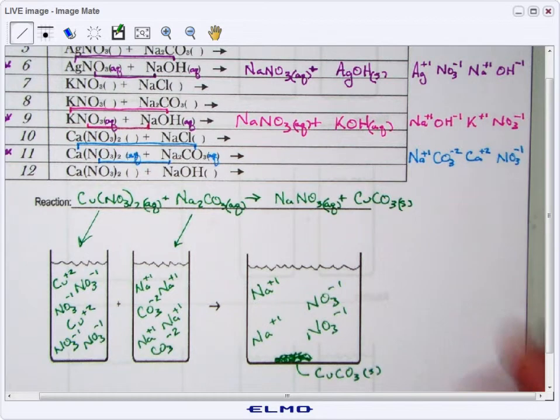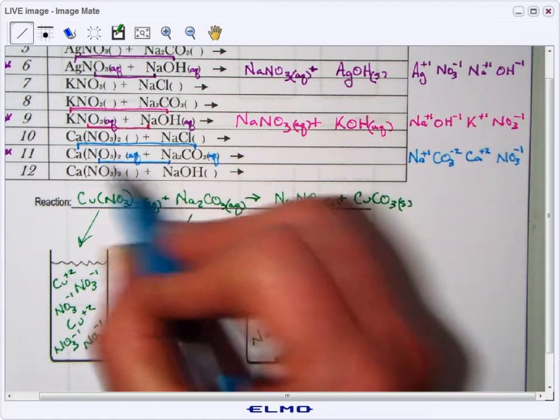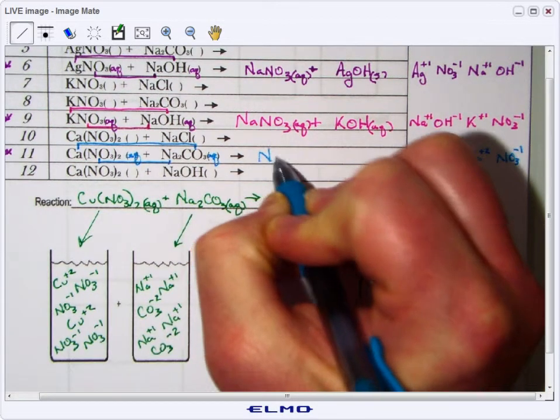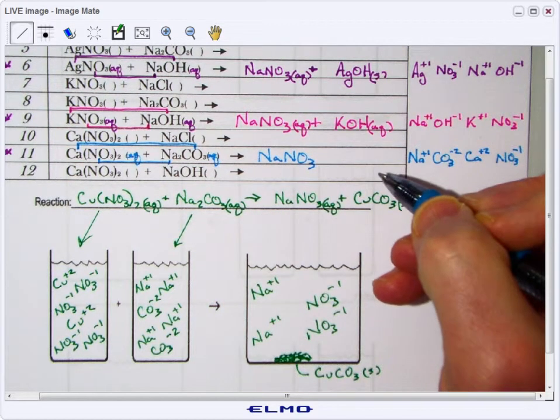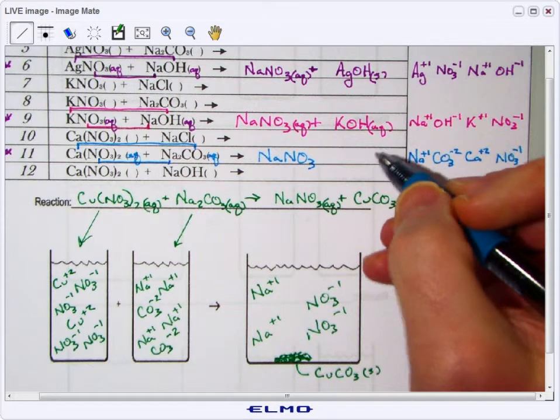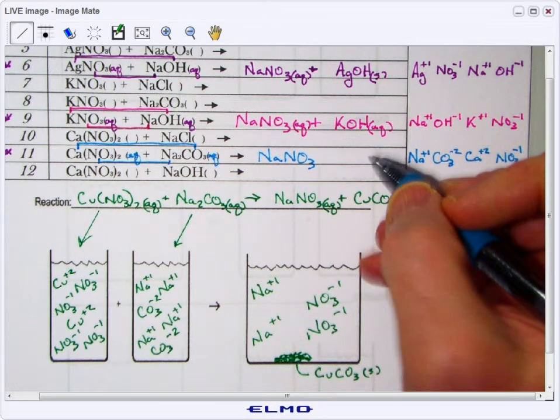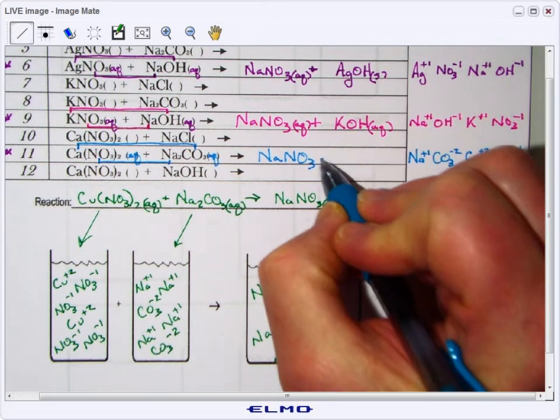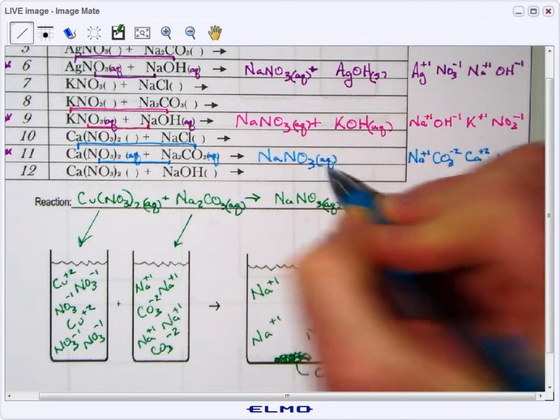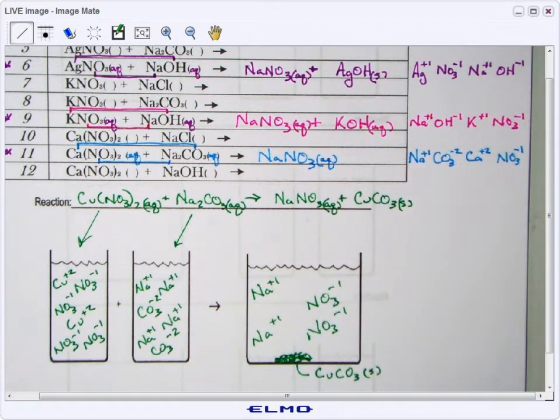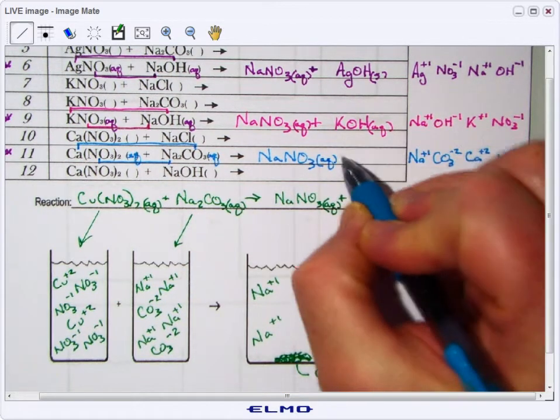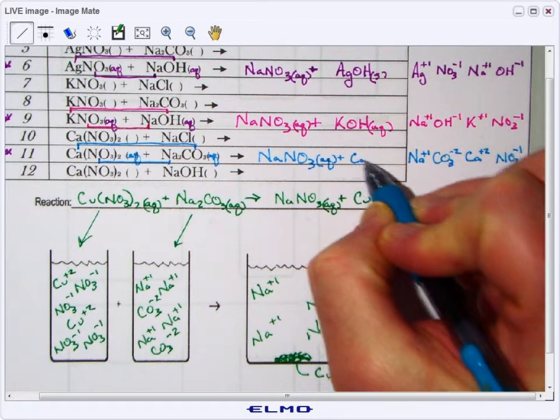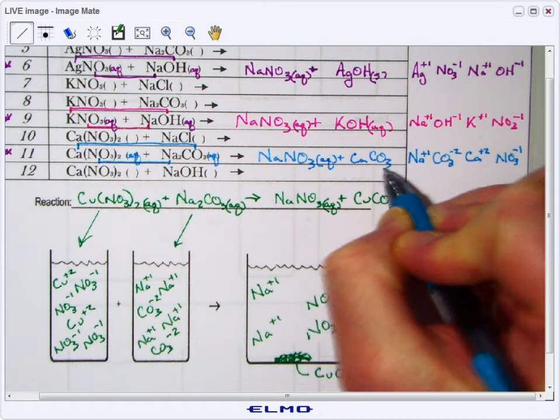And now let's rewrite our dance partners. Na dances with NO3 again. Do we have to look that one up again? Or is it soluble? It's soluble. It was soluble in all the other ones up above, so it's going to be soluble again. And then our other dance partner is going to be calcium and carbonate.